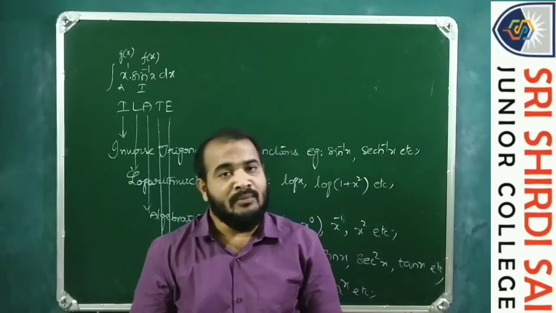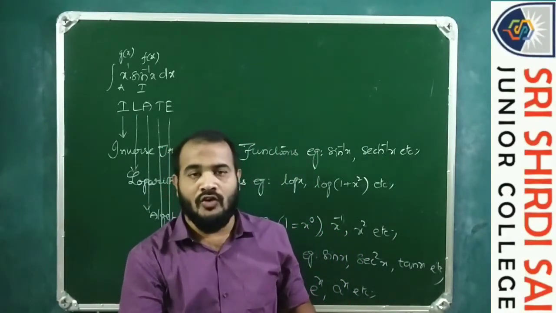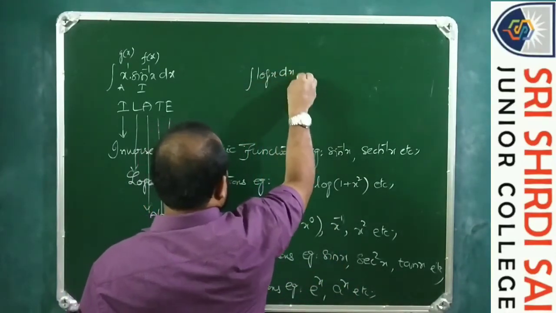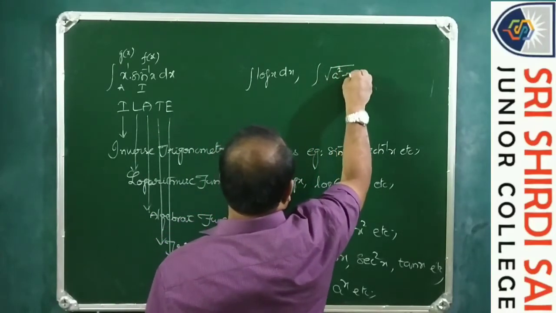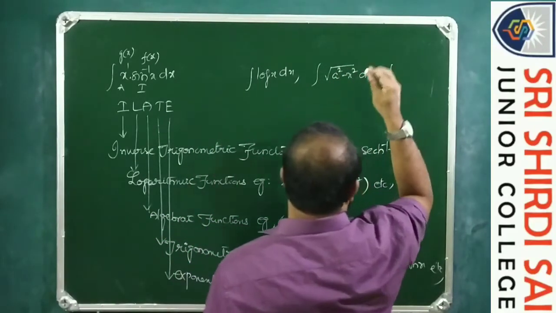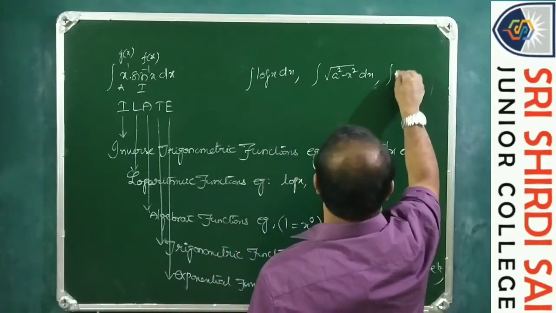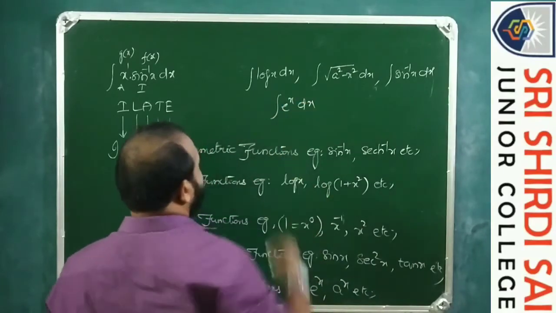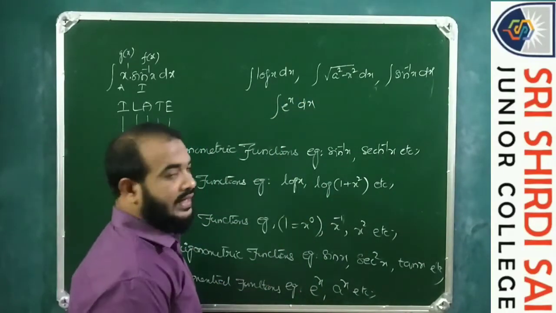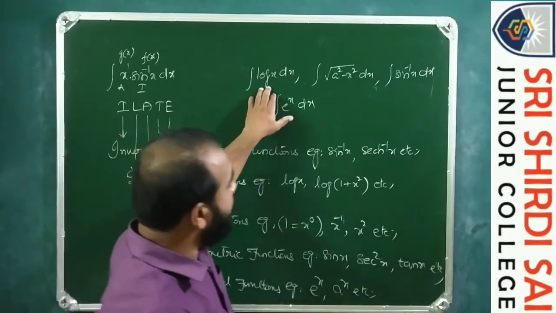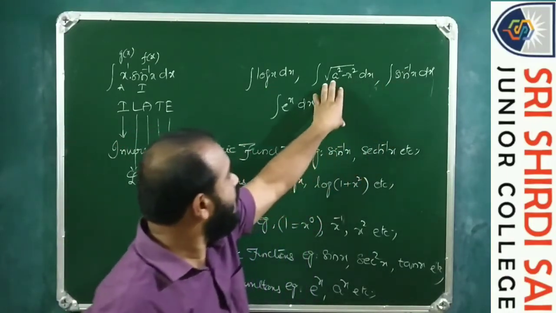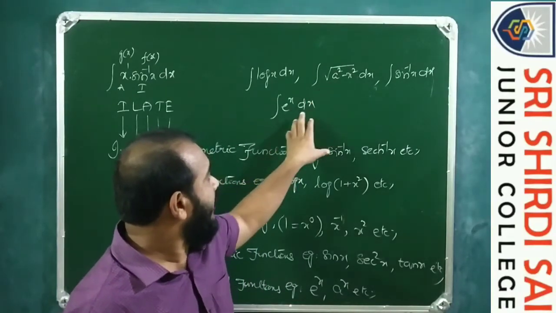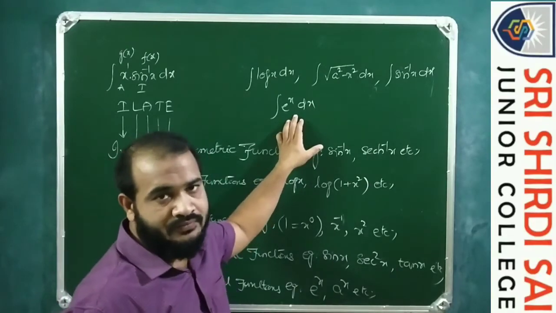Sometimes it may also be useful when the integrand is integral log x, integral root of a square minus x square dx, integral sin inverse x dx, integral e power x dx, etc. So logarithmic functions, inverse trigonometric functions, some special functions like root of a square minus x square, root of a square plus x square dx, and the exponential functions.